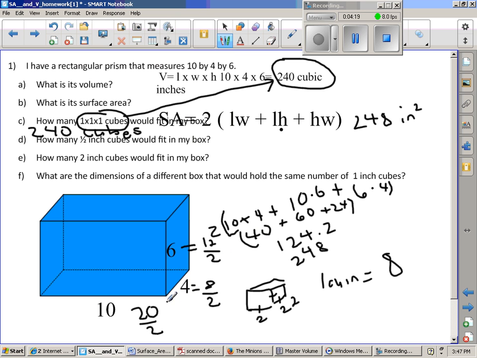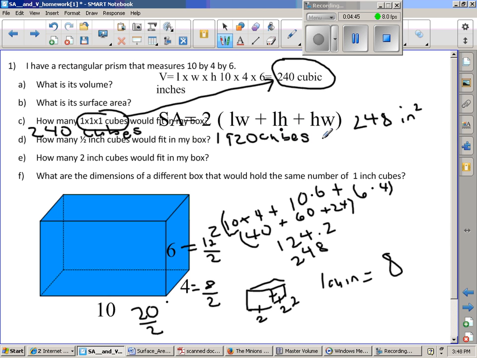So I could have 20 times 8, which is 160, and then 160 times 12, that is 1,920. So the answer here is 1,920 cubes. And remember, you need to include your reason.